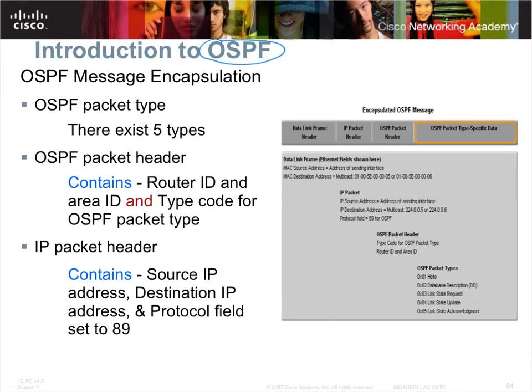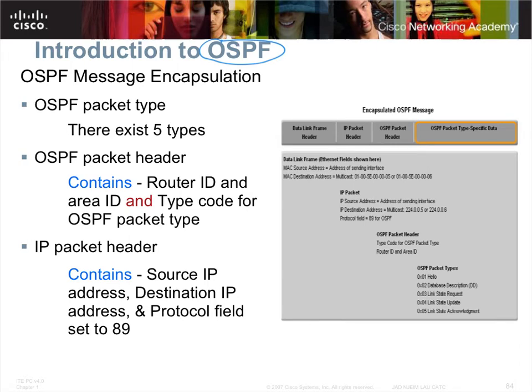OSPF is a standard developed by the IETF, and it has an RFC. OSPF uses a similar concept. We see some similarities between OSPF and EIGRP, although there are some significant differences, so we need to know what these differences are.